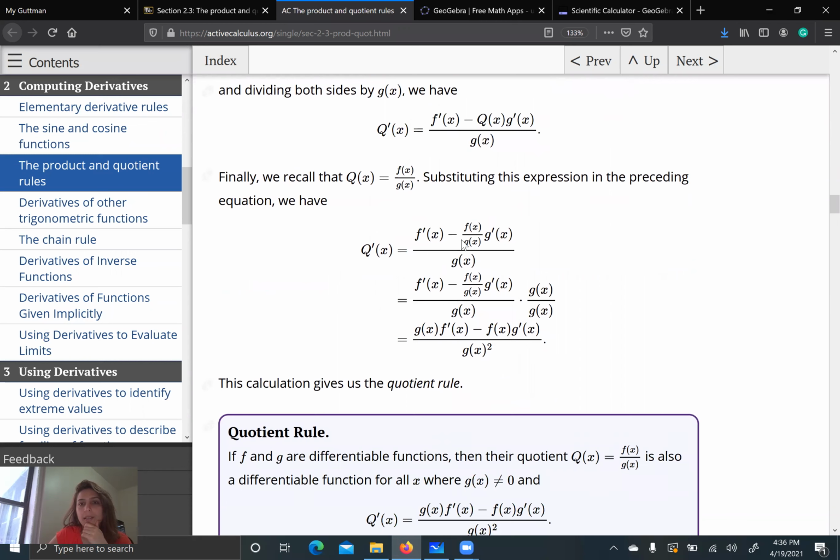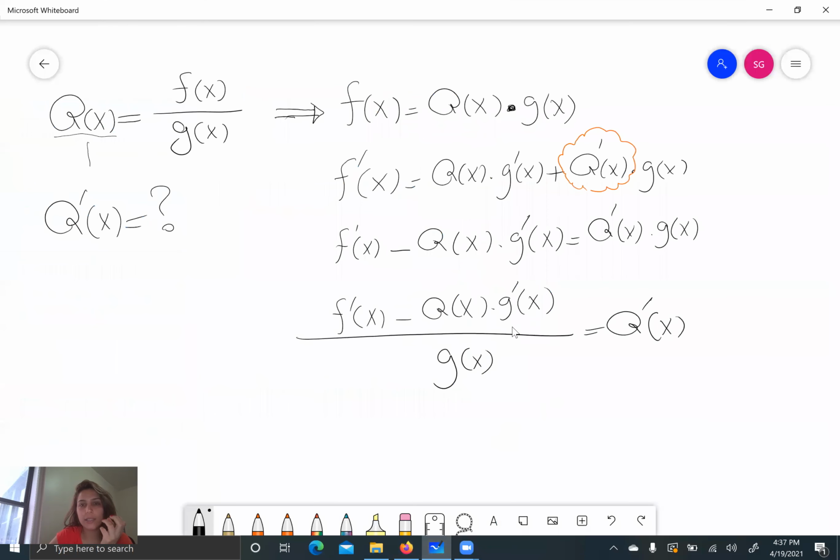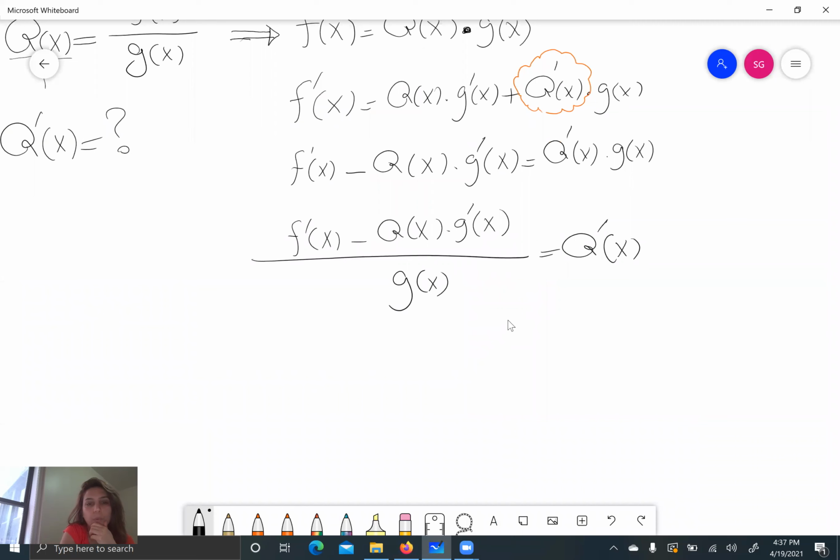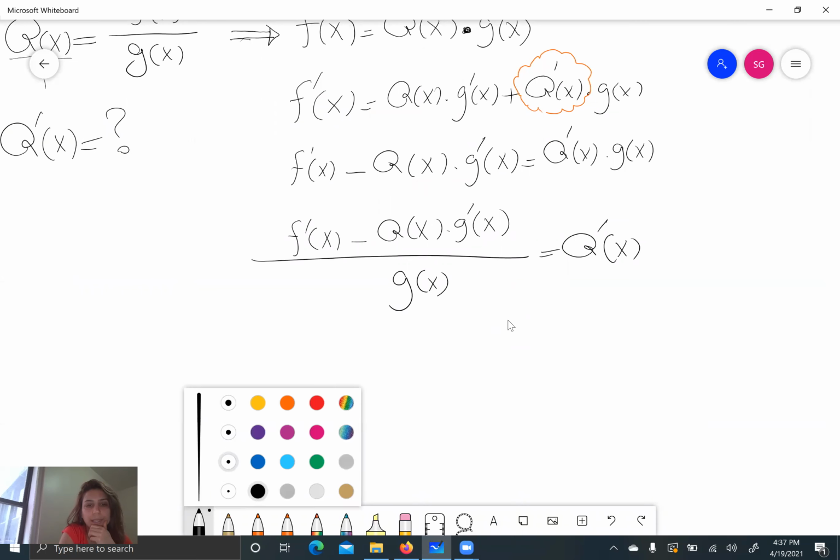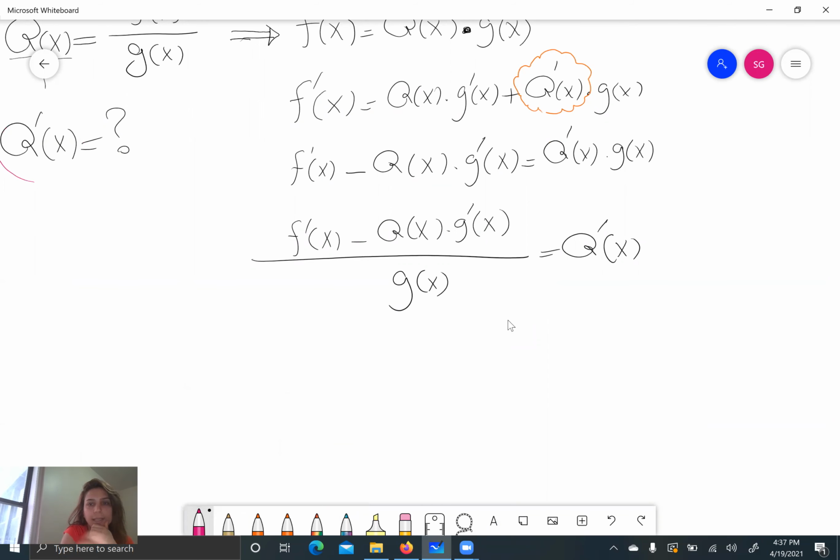And now recall that q is a function that is the division of f and g. So the point is that, look, now I have what I want. We are looking for q prime of x, right? And I have it all by itself on one side.